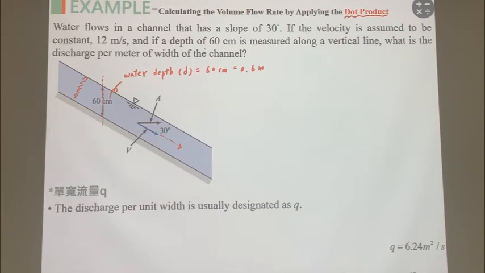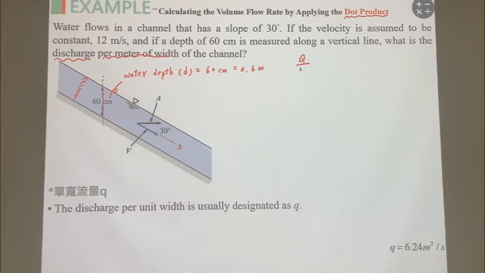Okay, and then in here, the question would like you to tell the discharge per meter of the width. That means we define the Q, right? What is the per meter of the width?